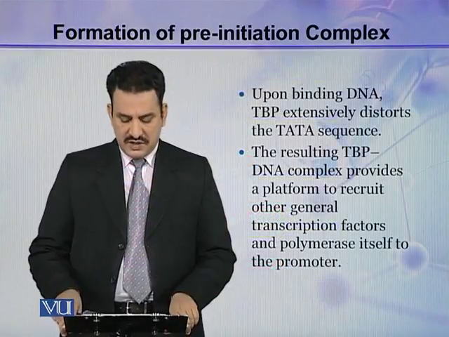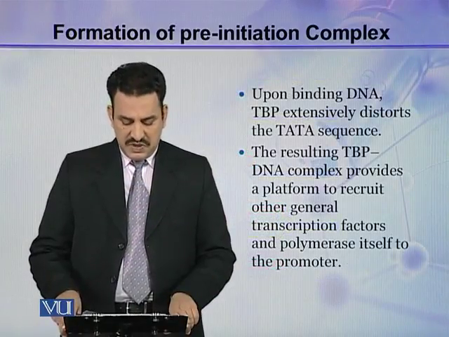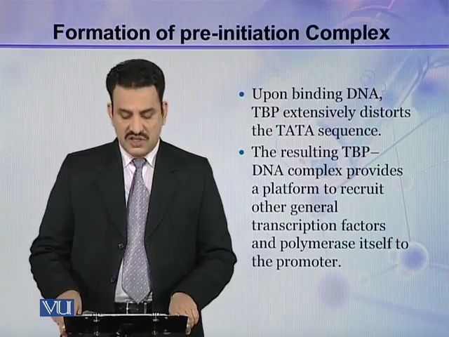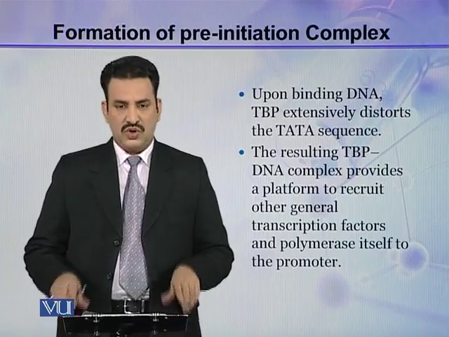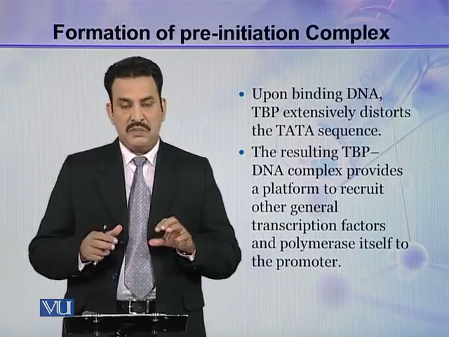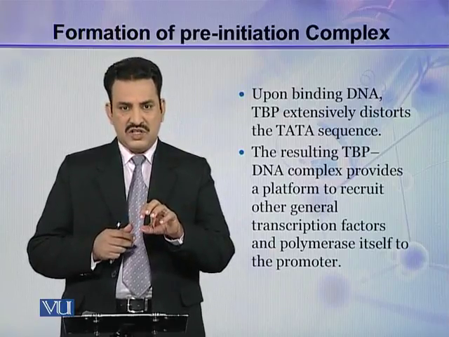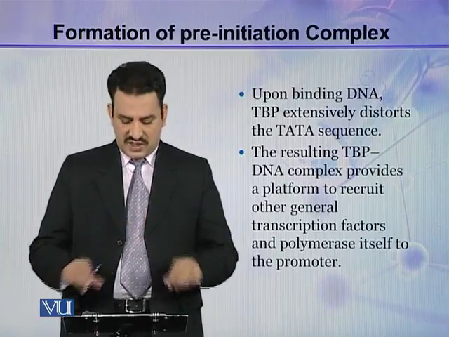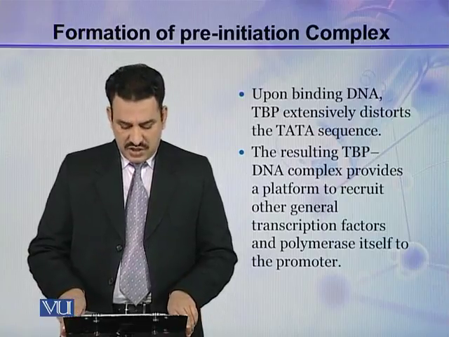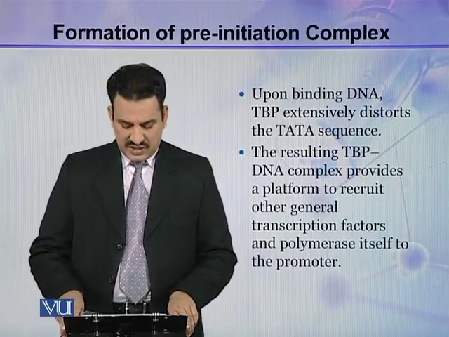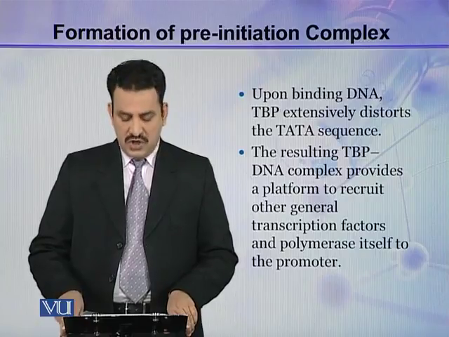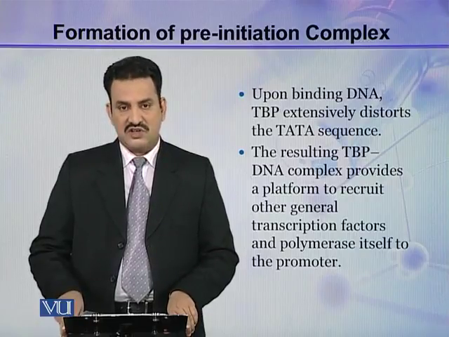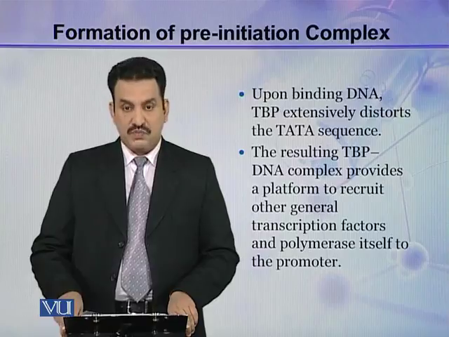Upon binding DNA, TBP extensively distorts the TATA sequence. So when TBP binds to TATA, it extensively distorts this TATA sequence. The resulting TBP-DNA complex provides a platform to recruit other general transcription factors and polymerase itself to the promoter.